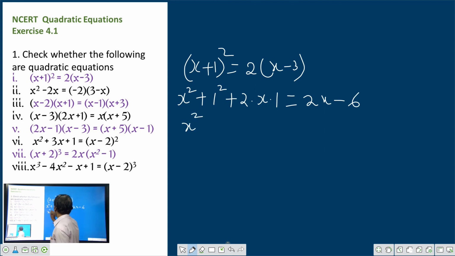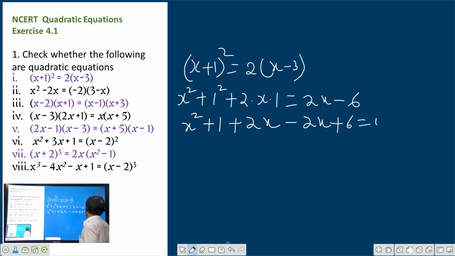So x square plus 1 plus 2x, take 2x to this side, minus 2x, and then plus 6. No other terms on the RHS. I have taken all the terms to the left hand side.